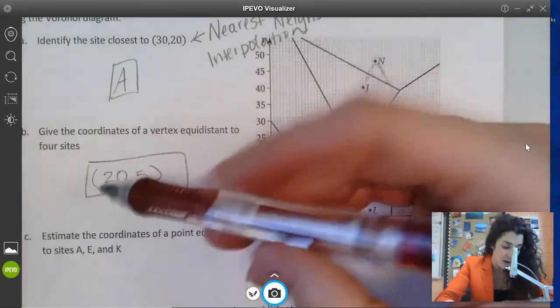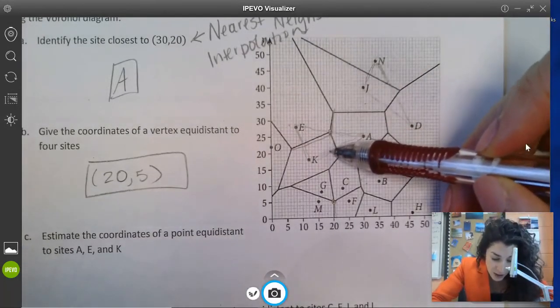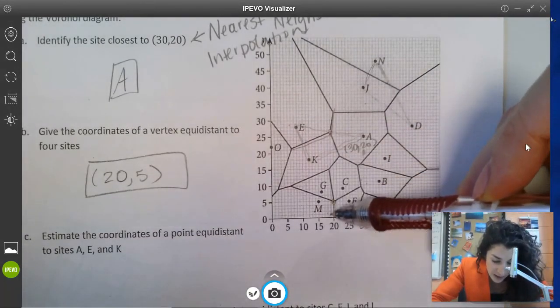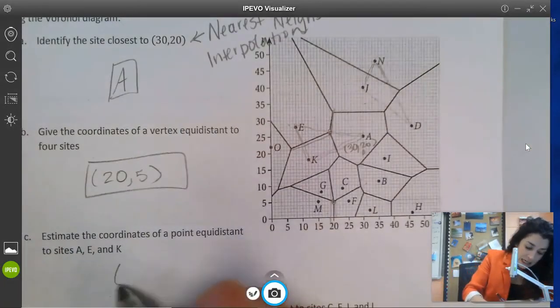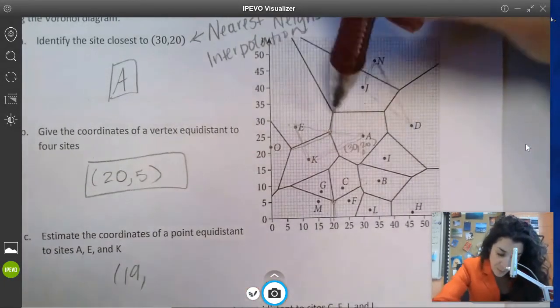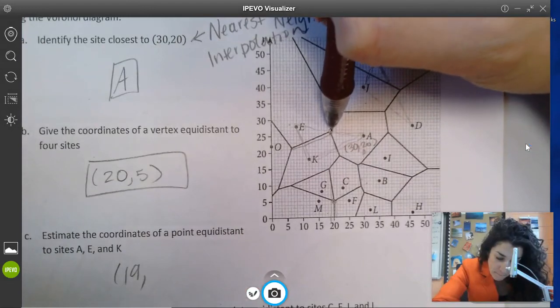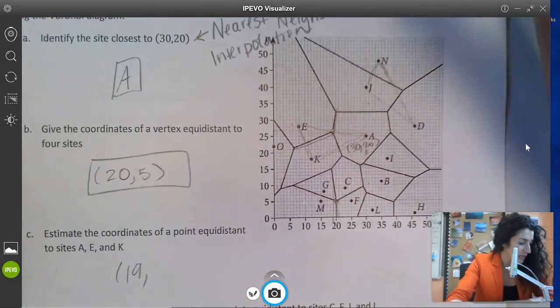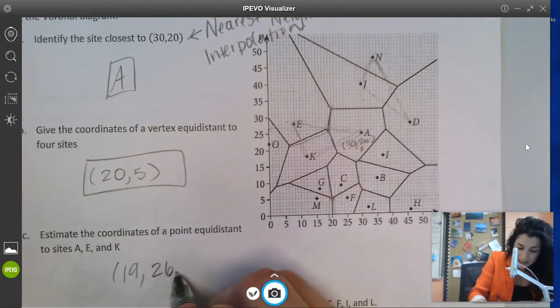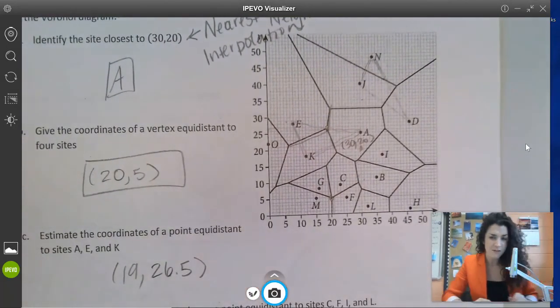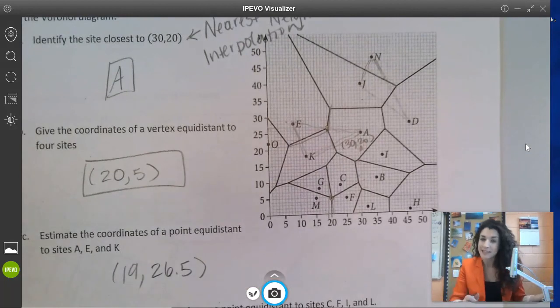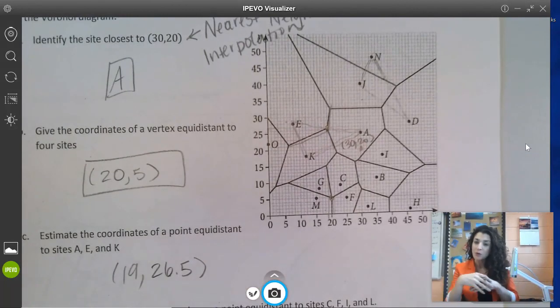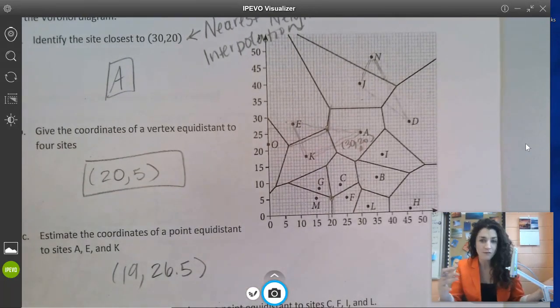It looks to be 19 as my x value. And maybe 26, but a little bit more. So I'll say 26.5. If you had said 26, fine, because it says estimate, so it's allowing a little bit of wiggle room. If you had said 27, fine, for the exact same reason.